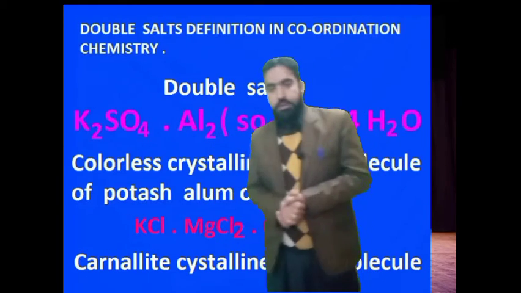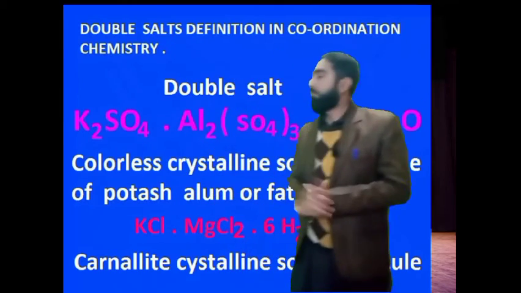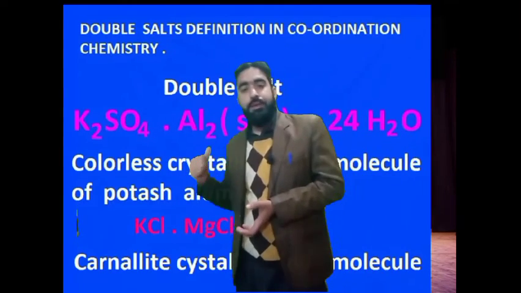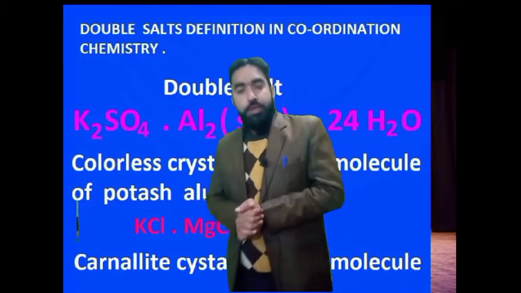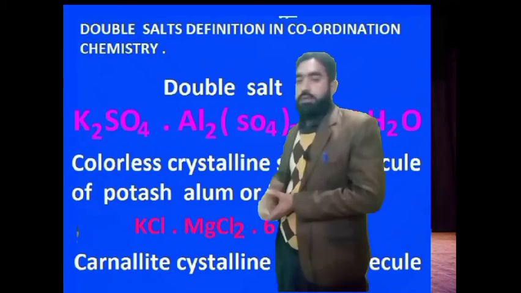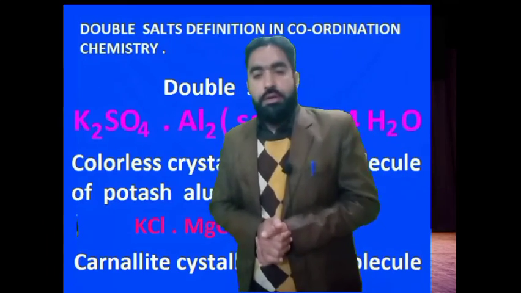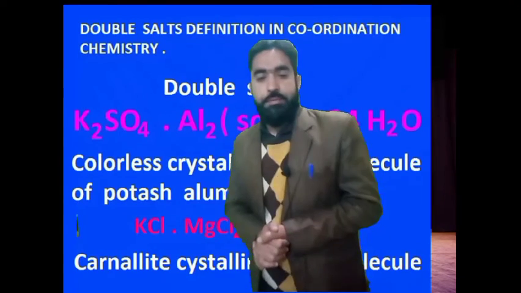The best example we can take is alum, potash alum. That is the best example of double salt. Potassium sulfate, aluminium sulfate, along with water, that is a double salt. And on dissociation, it gives potassium sulfate and aluminium sulfate.